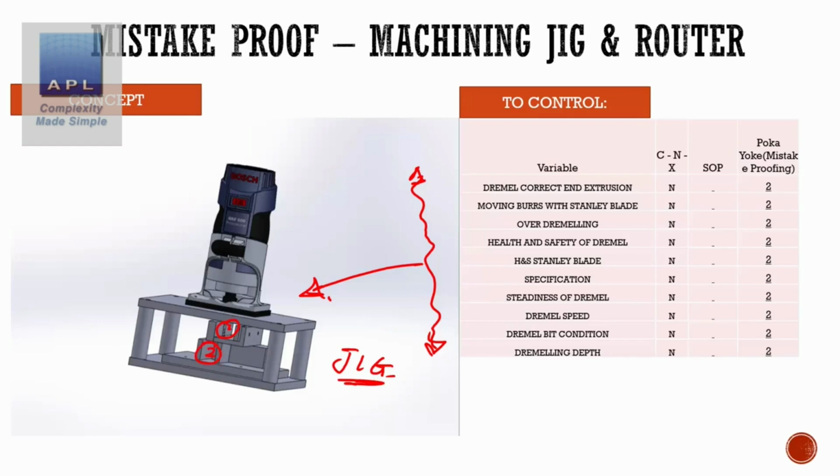Stage 1 machines the surface, the bottom of the channel, where there's a little cutaway section, and area 2, when you push the channel in there, you will machine the slot in the bottom. So very simple solution.